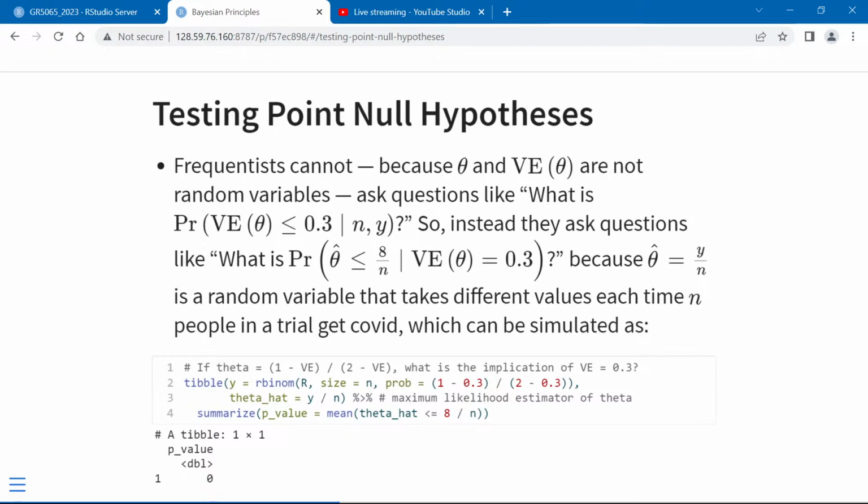But they have to put the constants on the right-hand side of the conditioning bar, because you can condition on constants, but you can't treat these things as random variables.